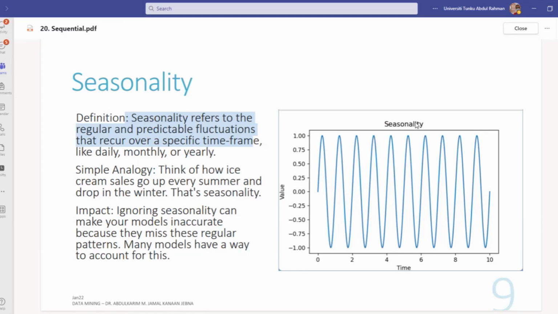That means this figure is showing us an example of seasonality, where you have a repetitive pattern showing over time. You can think of seasonality like, for example, how ice cream sales go up during summertime and drop down during winter. For example, if you go to my country, we have winter. If you look at the sales for the shops during winter time, you won't see them selling ice cream.